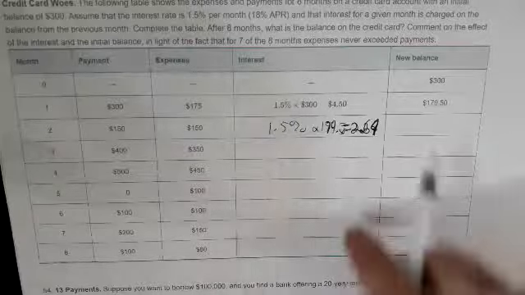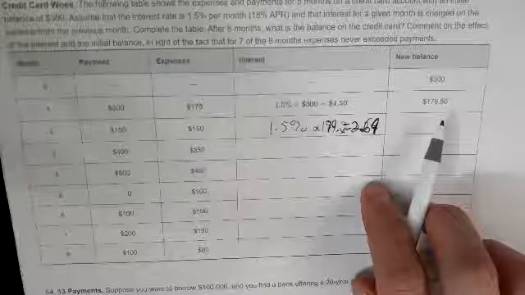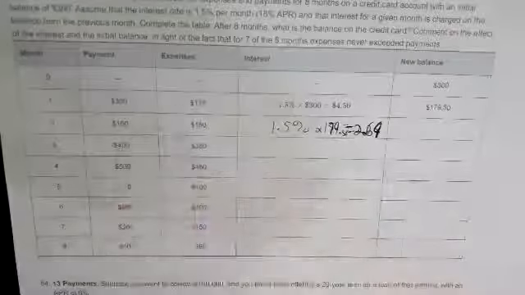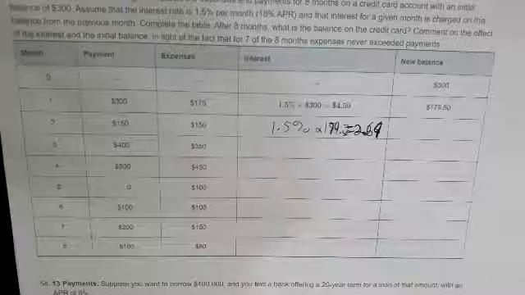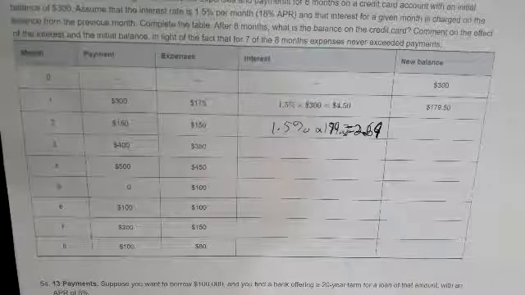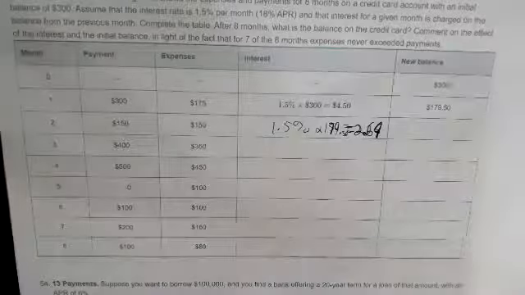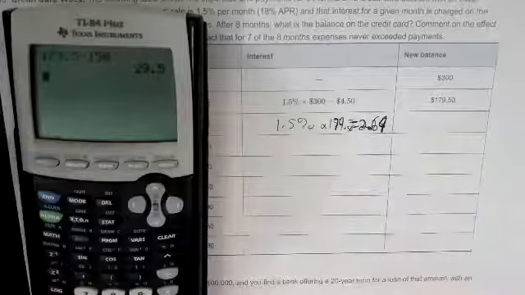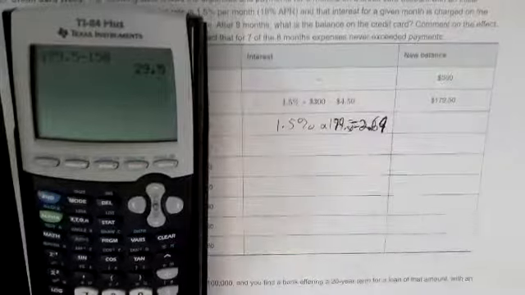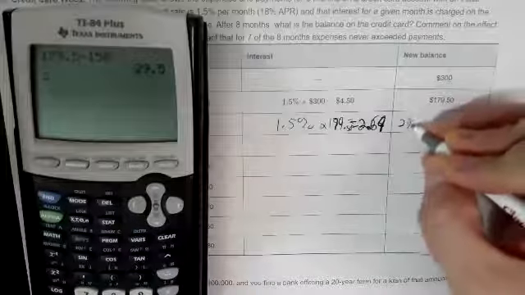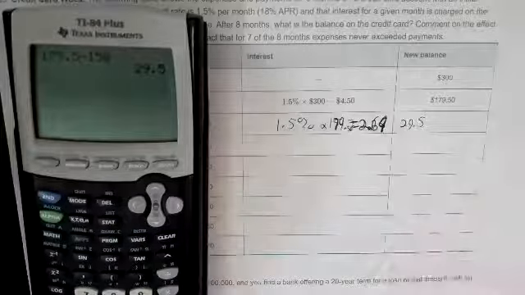This is the way that went down, I guess. And now we have a new balance of 179.50. If we make a payment of 150, and this is how they're doing it, it's kind of annoying, but they're taking the 179 and we're taking 150. We still have 29.50 from our old account.